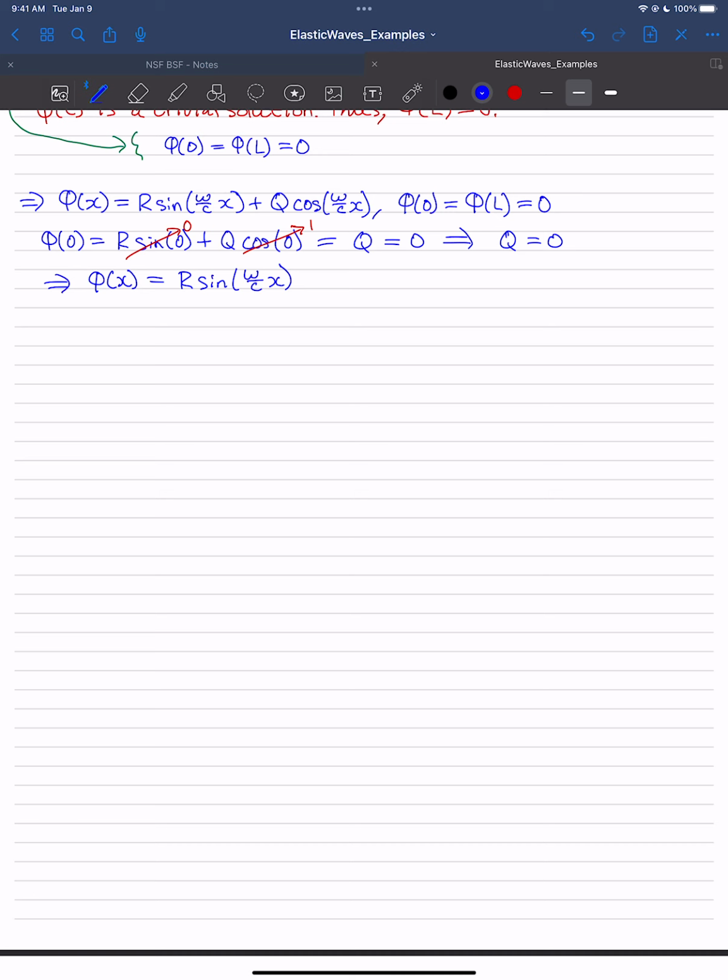Let's now apply the right boundary condition. So phi of L is equal to r times the sine of omega over c L, and again that's equal to 0.